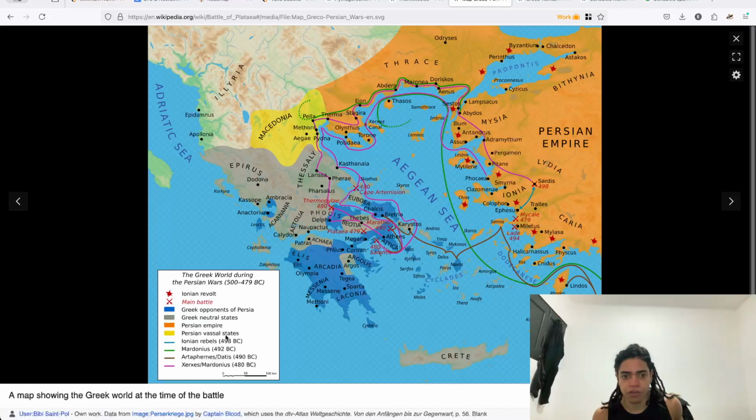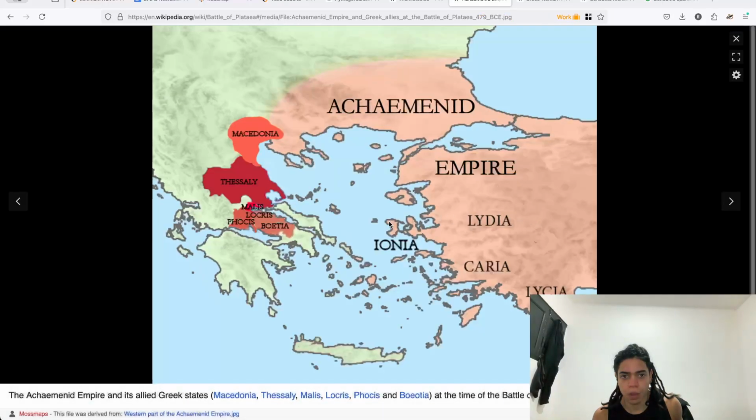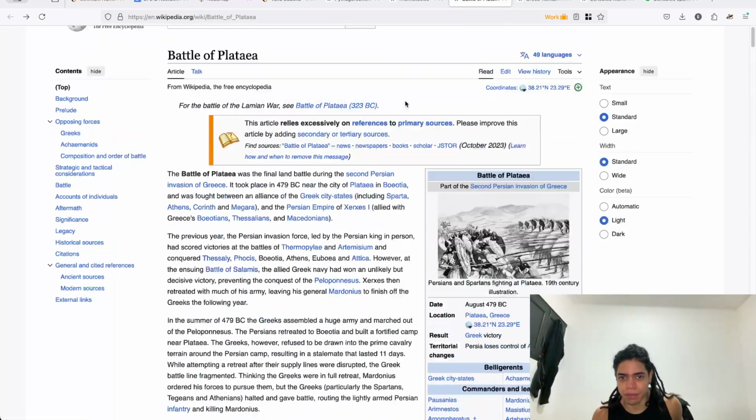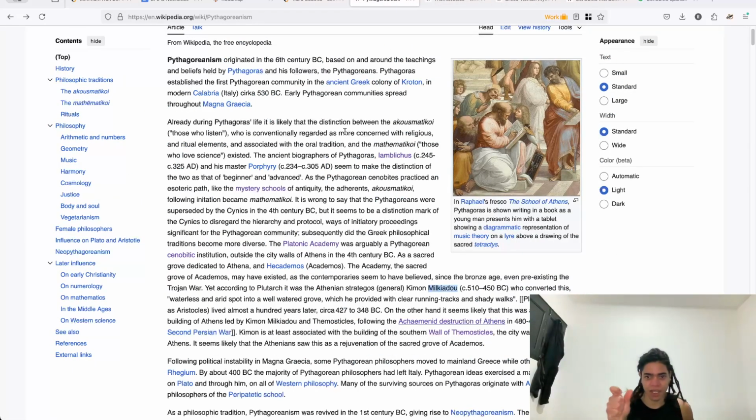Persian Empire, Persian vassal state. Oh my God, vassal state. Ionian rebels, Mardonius, Xerxes, Mardonius. Macedonia, Thessaly, Malis, Locris, Phocis, Boeotia. Okay. Oh my God. And how all of this actually mixes.